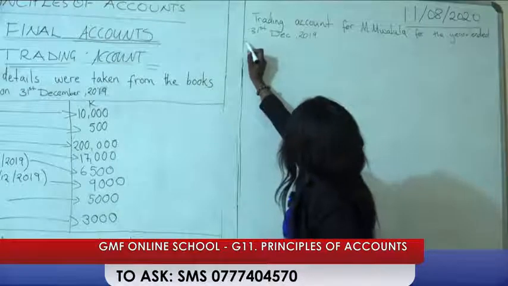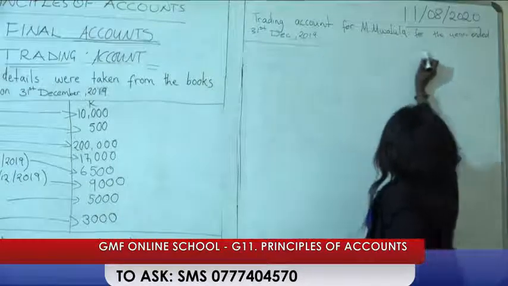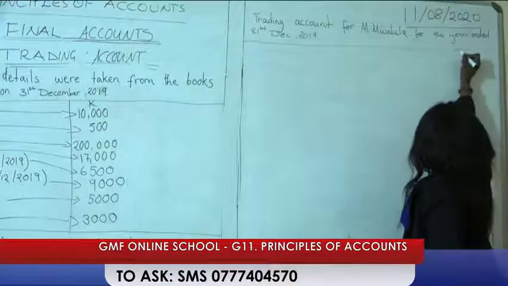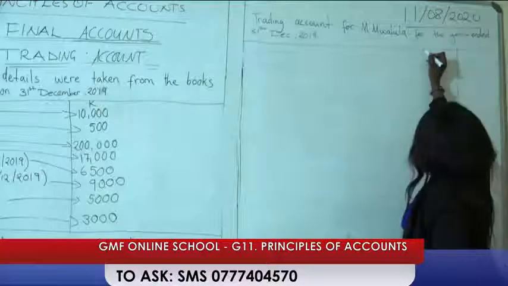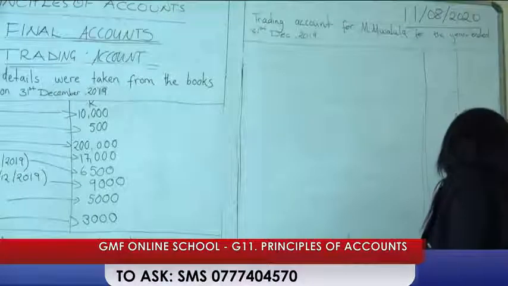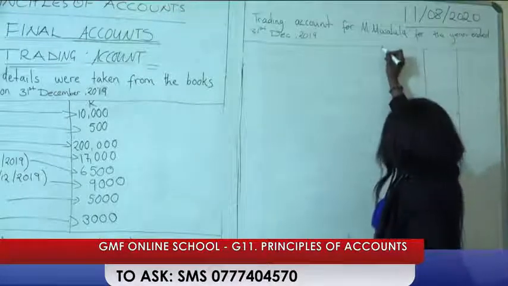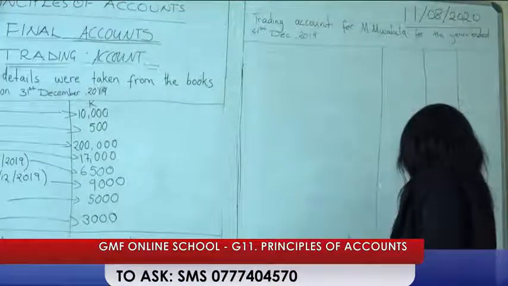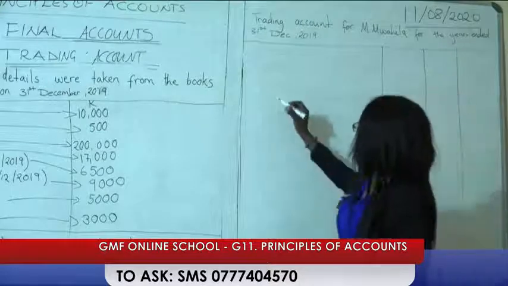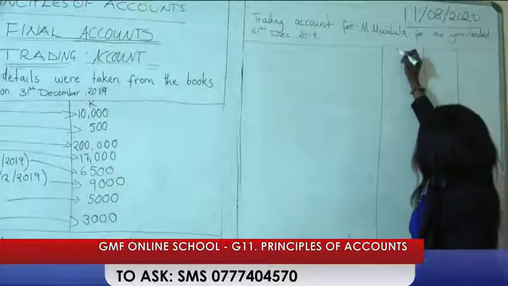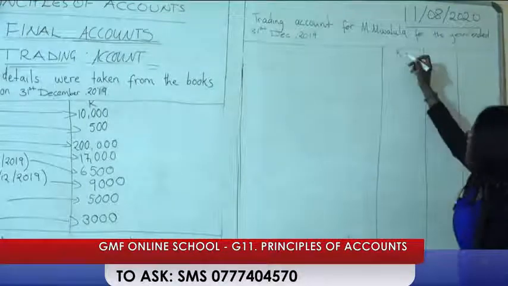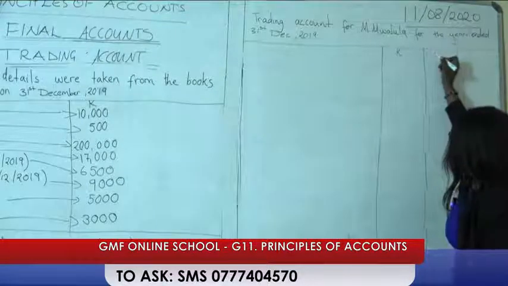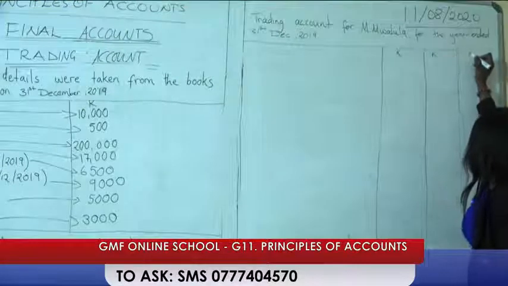So how do you prepare the trading account? We have the format there, which has the 3 columns for cash. And the first column for details, though we do not write details there, but in this case we are dealing with kwachas. This is the sign for kwacha, for those who may not know.